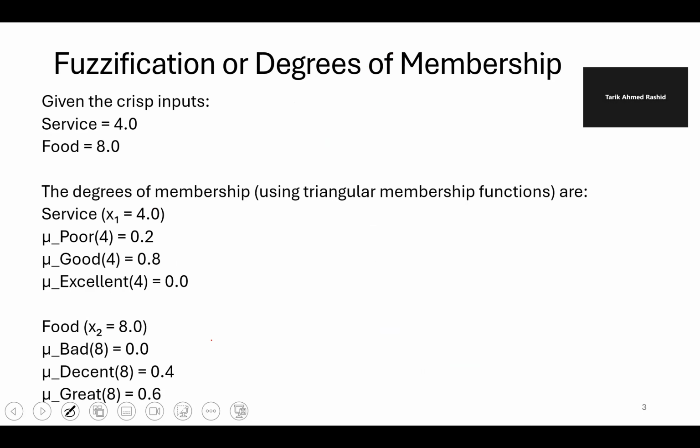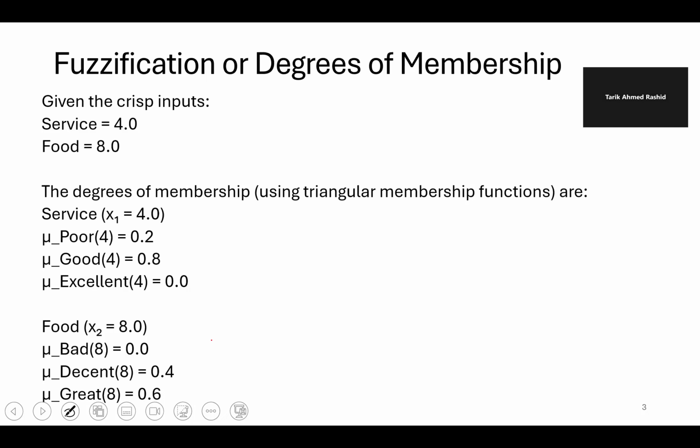Now, fuzzification, degrees of membership. We take the inputs and project them onto the membership functions, and then we see which set has a degree in that variable.